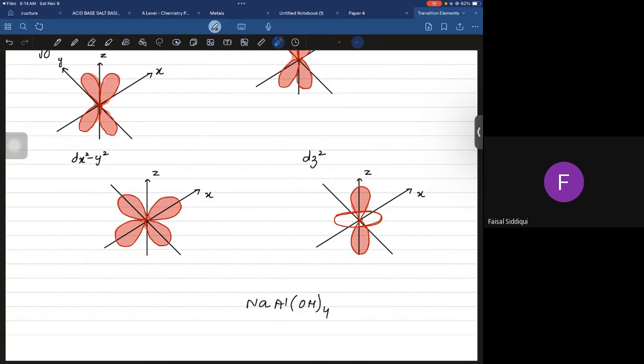Let me show you the animation of the orbital. Now you can see this. This is dx square y square. It's on the axis.